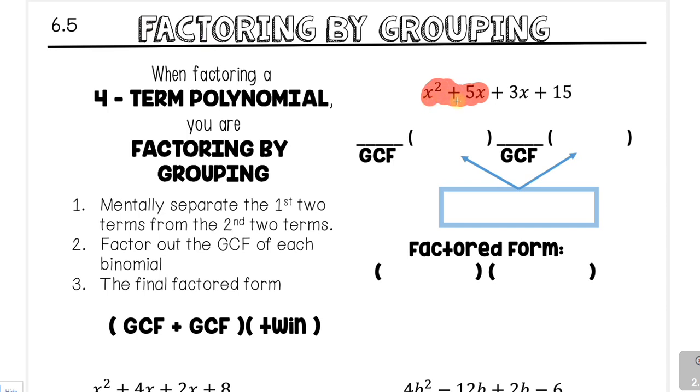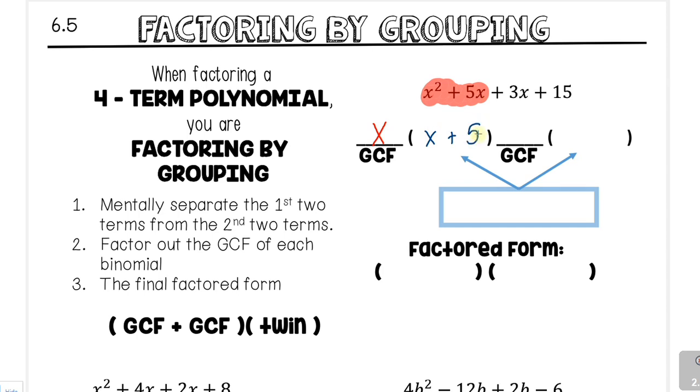So the greatest common factor between x squared and 5x is going to be x. Now we divide it out. x squared divided by x gives us an x, and then 5x divided by x gives us a plus 5.